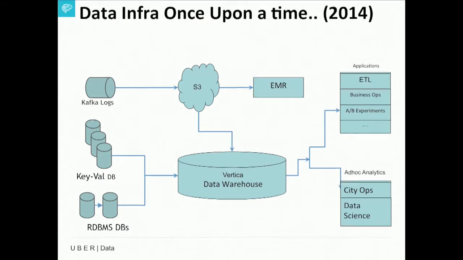When we started, every company starts with a very small footprint in the data world. We had Kafka, a schemaless key-value store, and the RDBMS stores that serve the applications, and we consumed the data from them. We were putting it into S3 in 2014, then doing EMR for some of it, and our data warehouse was Vertica. All the data operations teams we talked about went to Vertica and crunched all this data.